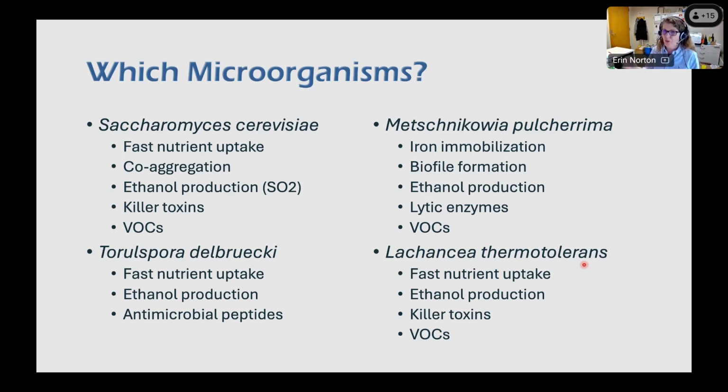It removes some of that malic acid and converts it into lactic acid, which is a less suitable nutrient source for lactic acid bacteria, therefore making the wine more microbially stable. But it can also make some toxic compounds and does some biofilm formation and things like that. So some of the lactic acid bacteria are important as well.